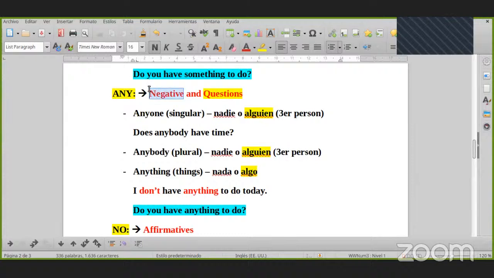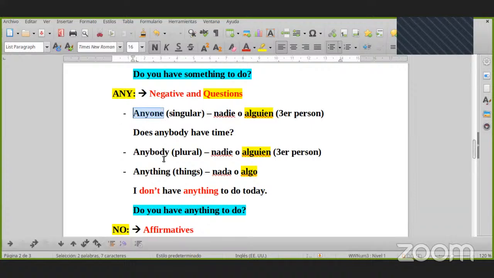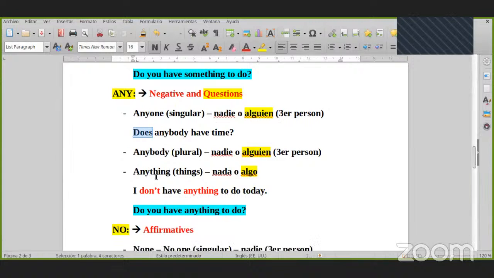But in negative sentences, we use nadie, nada. For example, here: does anybody have time? When it is a question, we translate it as alguien. ¿Alguien tiene tiempo? And we always consider anyone, anybody, anything as third person.